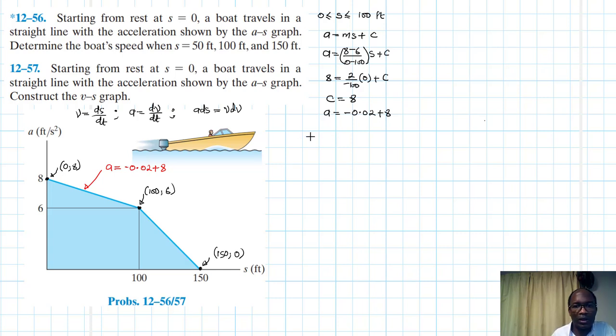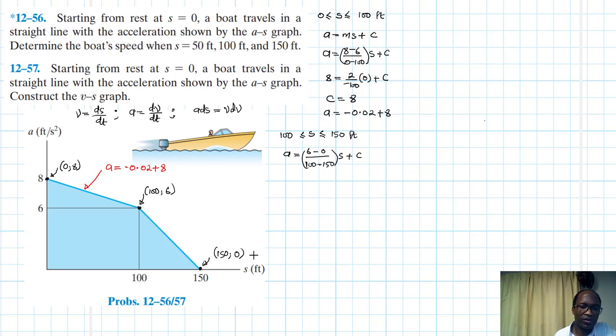Let's work on the other interval, when we are moving from 100 to 150 feet. In this interval we have a equal to change in y over change in x, which is (6 - 0) divided by (100 - 150), times s, then plus c.